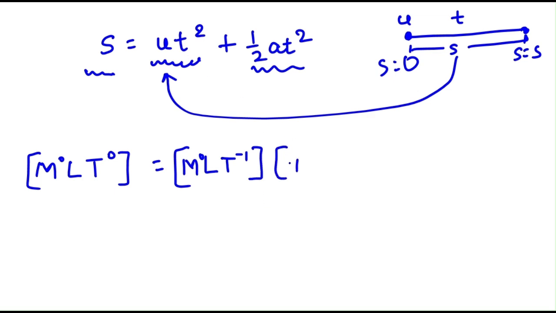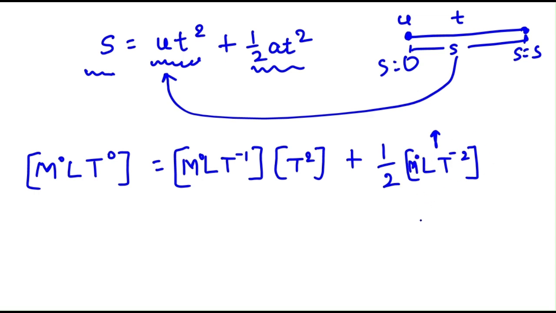So p to the power 2, and then we have 1 by 2, and this is L t to the power minus 2. I'm leaving this thing. You can check it: acceleration is L t to the power minus 2, and it has 0 dimension in M. So I can write M0, and then we have here t to the power 2.